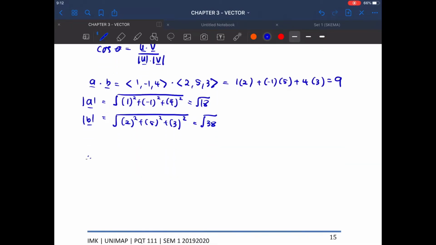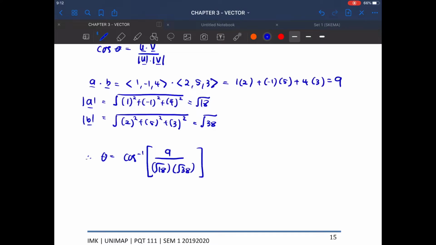Therefore theta is equal to cos inverse of u dot v, whereby u dot v is A dot B, 9, divided by square root of 18 multiplied by square root of 38.